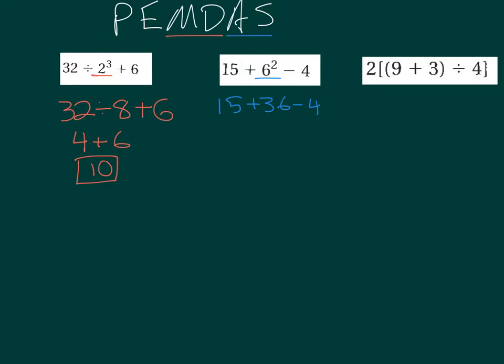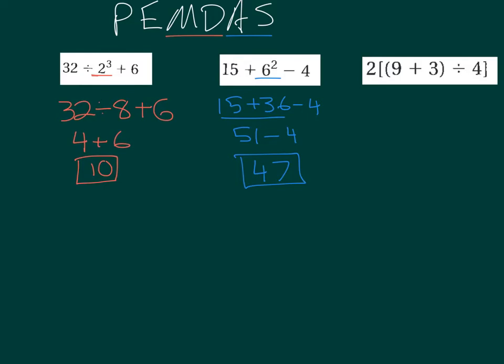Now, I have to do both of these, but I'm going to go from left to right. So the first thing I'm going to do is 15 plus 36. 15 plus 36 is going to give me 51. Minus 4, 51 minus 4, 47. See, not too bad.